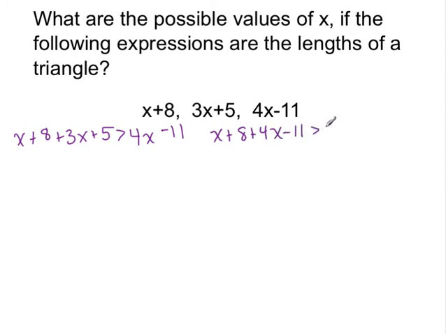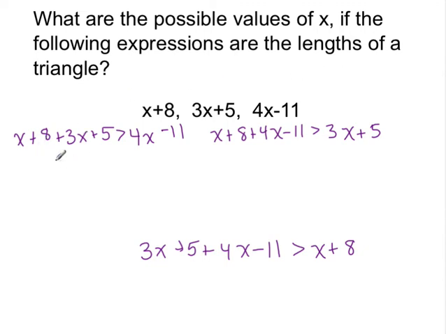That has to be greater than the second. And I will add the second and the third. That has to be greater than the first. So I'm going to solve all three of these. All three have to be true in order for the triangle to work out.